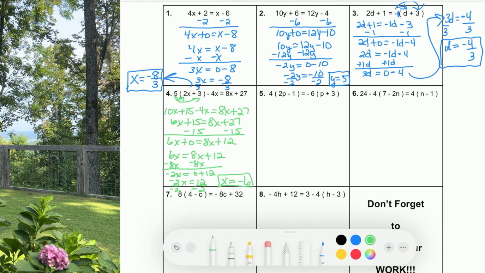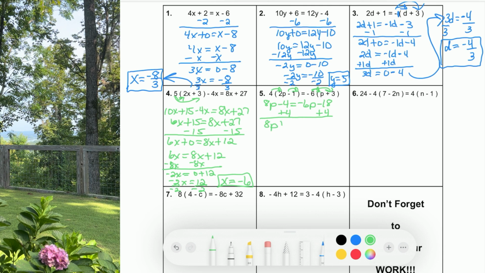Okay. All right, looking at number 5. Distribute on both sides. So I have 8p minus 4 equals negative 6p minus 18. I'm going to add 4 to both sides.